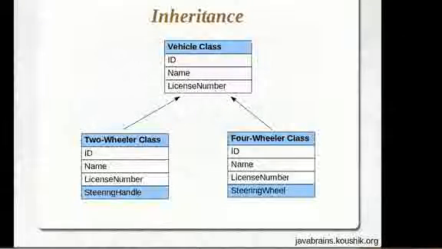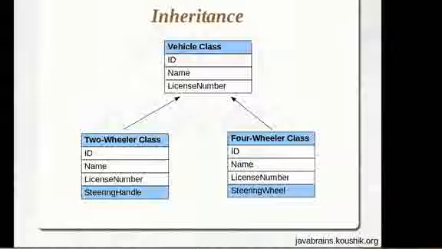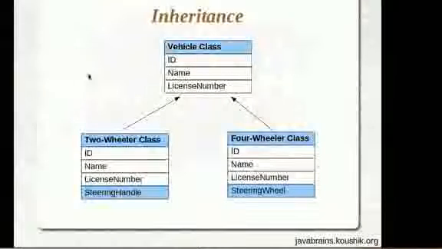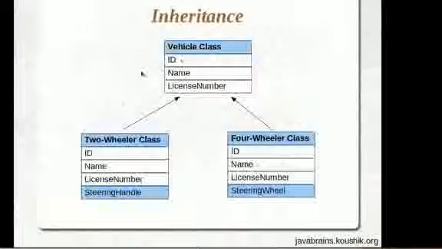Since we're talking about inheritance, what is the one coolest feature of inheritance provided by Java? It is polymorphism. Now let's say I have a user object, and this user object has a reference to a vehicle class, and I want to dynamically assign either a two-wheeler or a four-wheeler object to the user class.